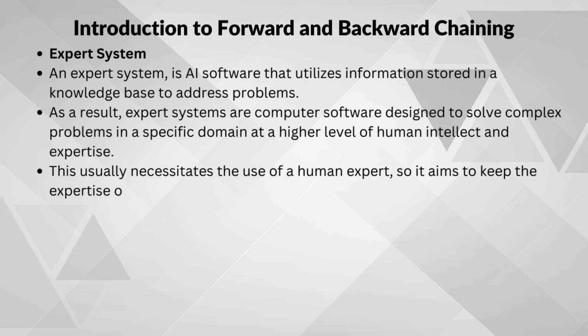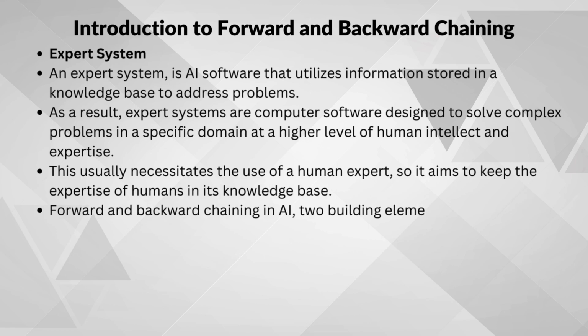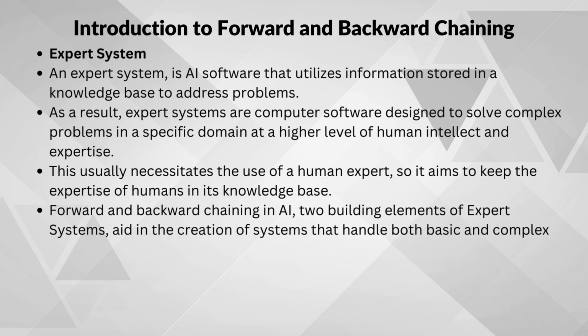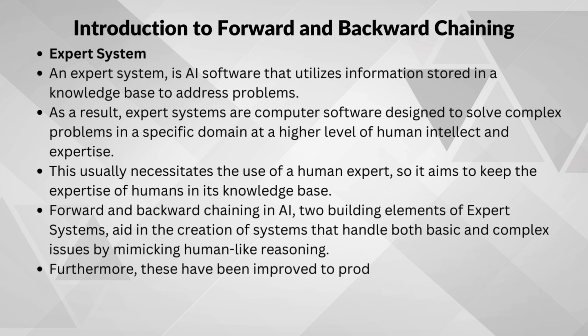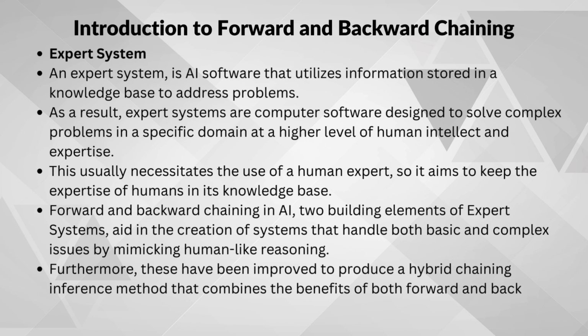What's mind blowing is that these expert systems are designed to solve problems just like a super smart human would. So, we are talking about complex problems in a specific field like medicine, chemistry or even engineering. So, it is like having a virtual expert who can think and solve problems at a higher level.